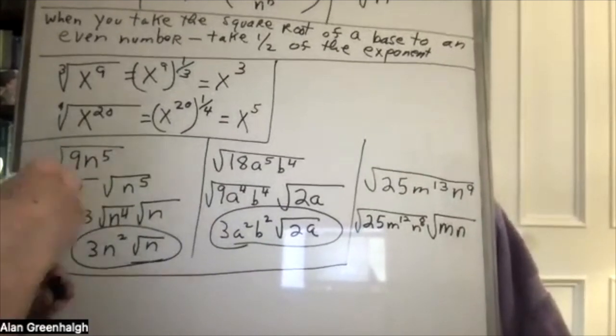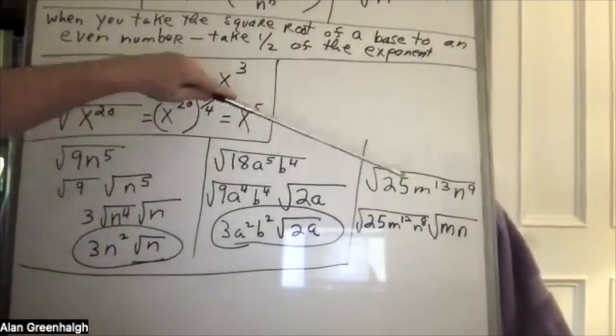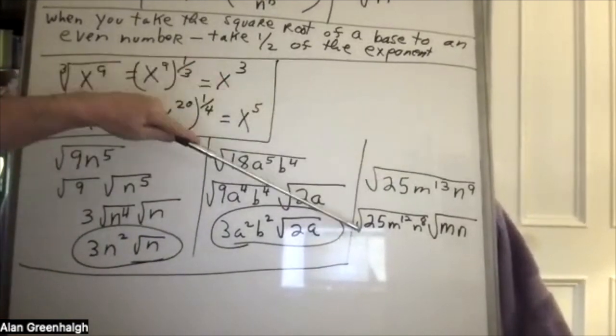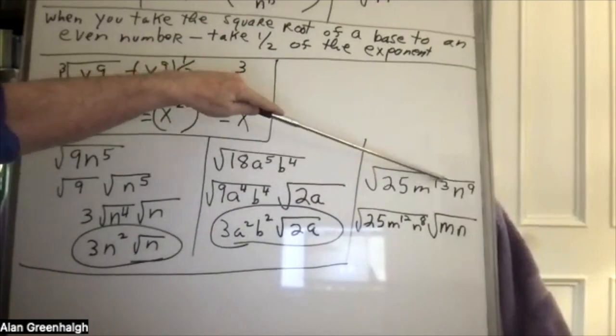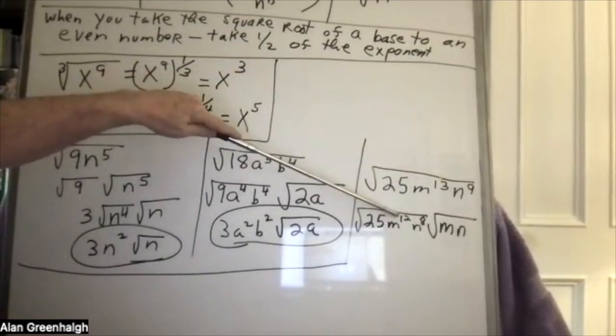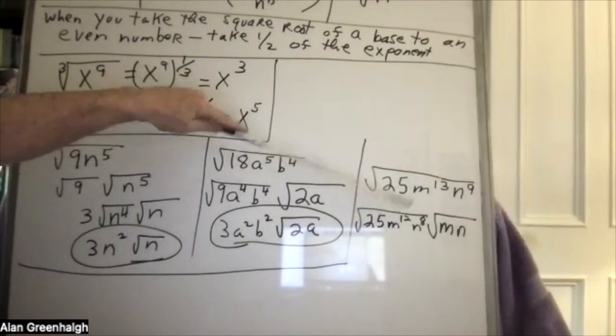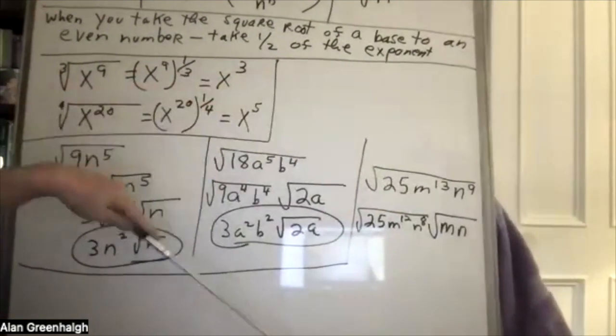See how we did that? We took out the perfect square. That was easy because that was just 25. But this is not a perfect square because it's an odd number. So we took out the even number that was closest to 13 and then just put whatever was left.